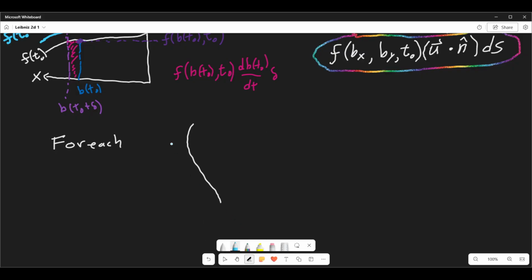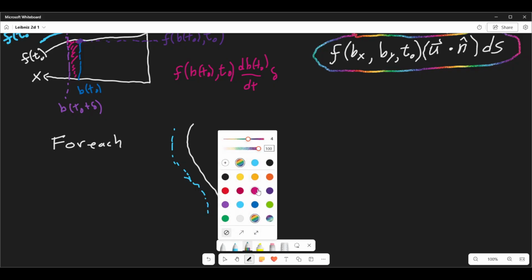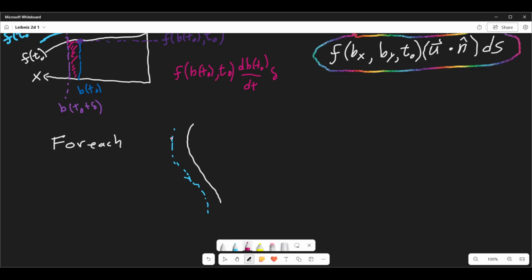This blue. And then draw these small guys. So we're going to slice this up into these pieces.